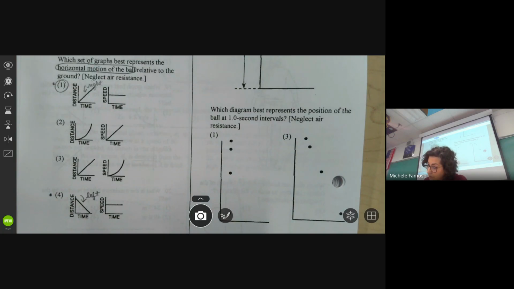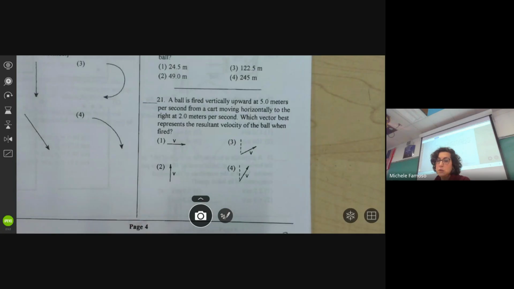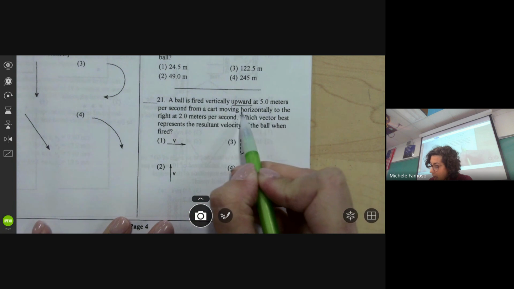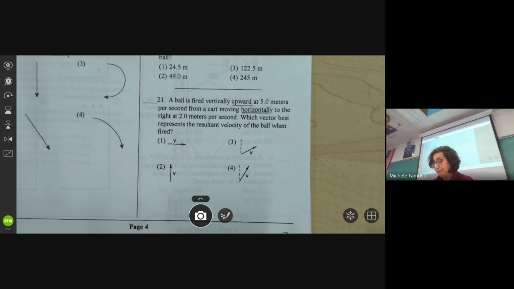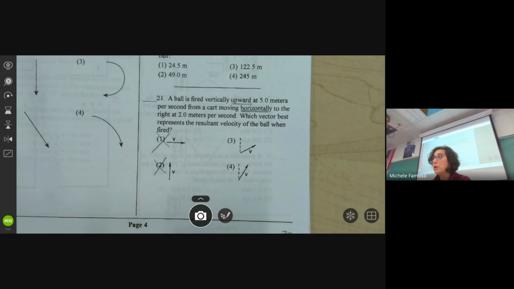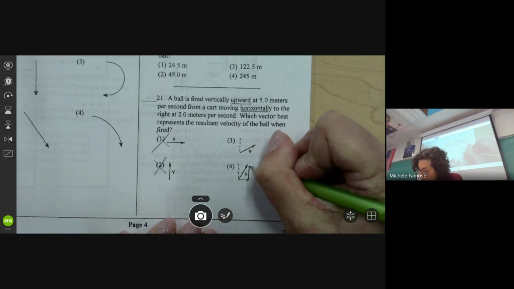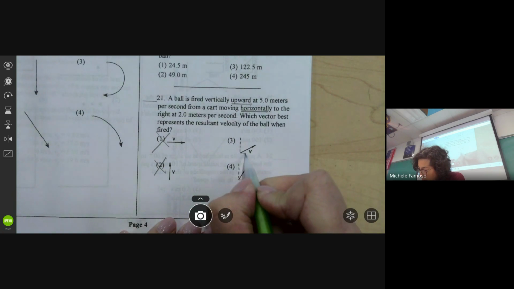Dan? Sure. Okay. So we're telling you that we are firing it upward and horizontally. So 1 and 2 are out because they don't show up and right. These both have up and right. And if I were to draw those components head to tail, they would look like this.